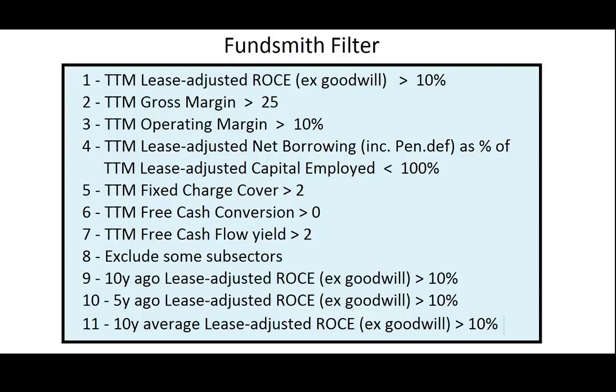Now, Fundsmith does exclude certain subsectors for a number of reasons. They could be a little bit too subject to volatility in, for example, certain commodity markets.